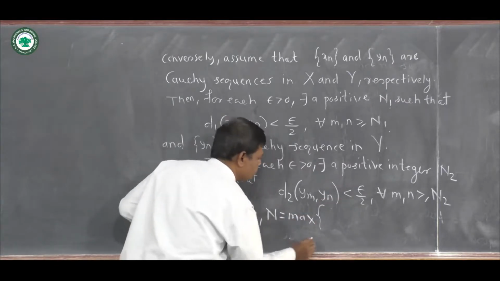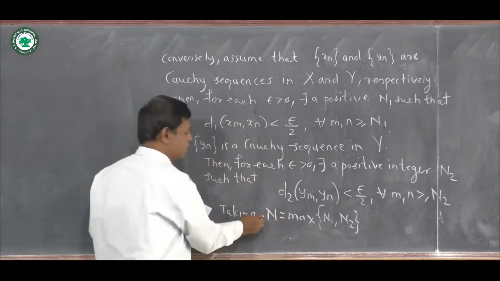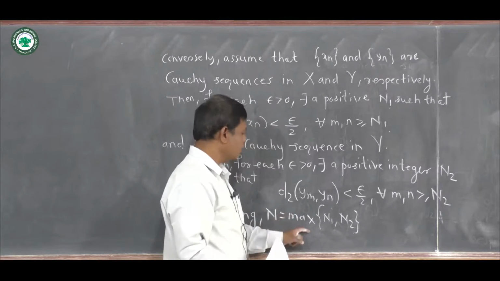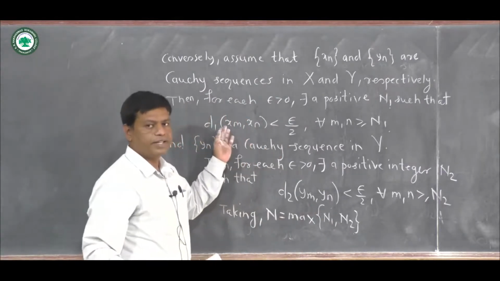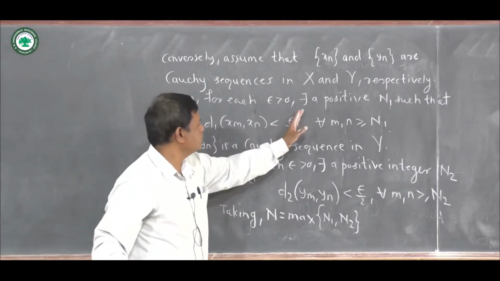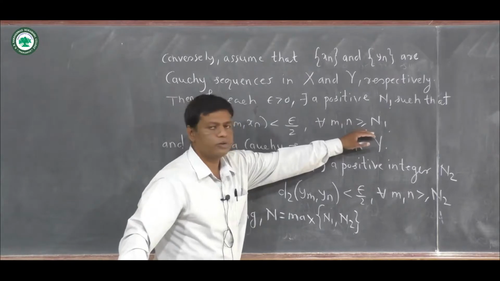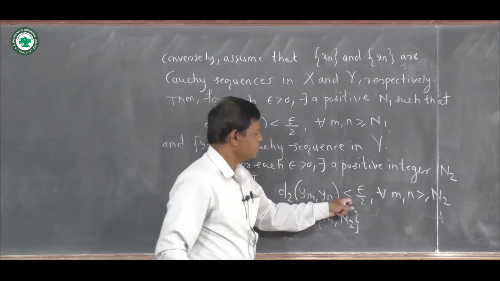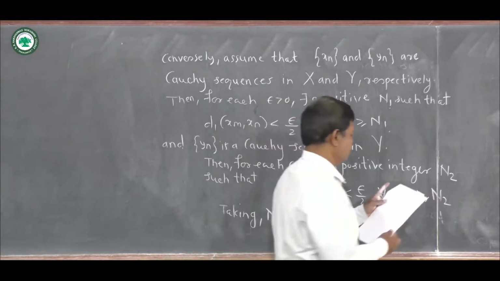Taking the maximum of N1 and N2, and that value is N here, then you can write d1 of xm, xn is less than epsilon by 2 for all m and n greater than or equal to N, and d2 of ym, yn is less than epsilon by 2 for all m and n greater than or equal to N here.